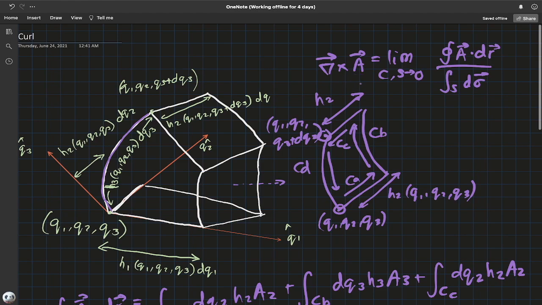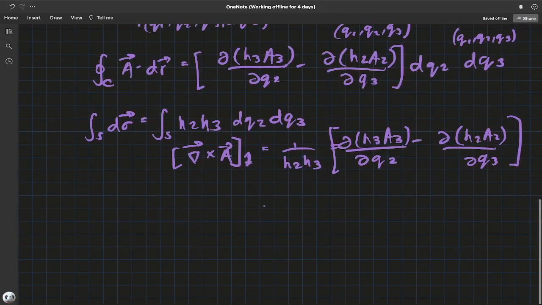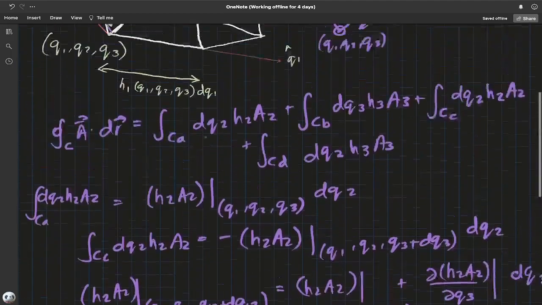So we anyways have to do the dot product with that normal element. So if we have the first component of the curl, which means the normal area vector is in the q1 hat direction, otherwise we wouldn't get that first component like that in that surface integral. Again, too many words, but you do this for loops in all planes.